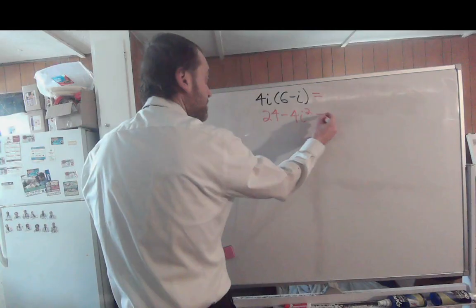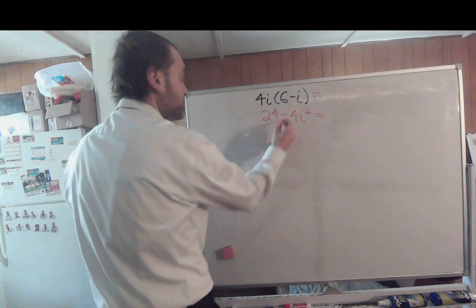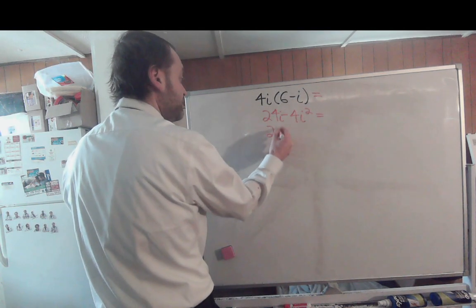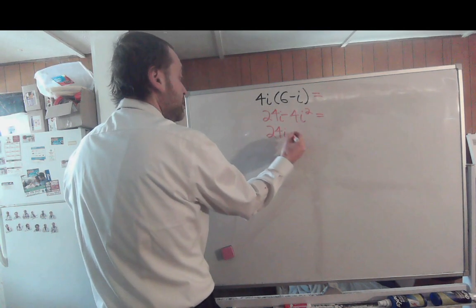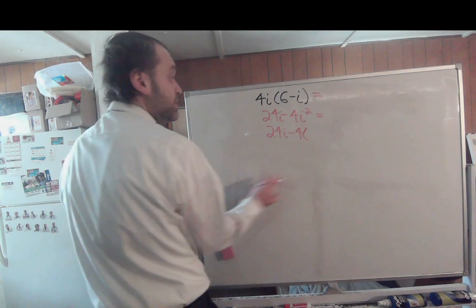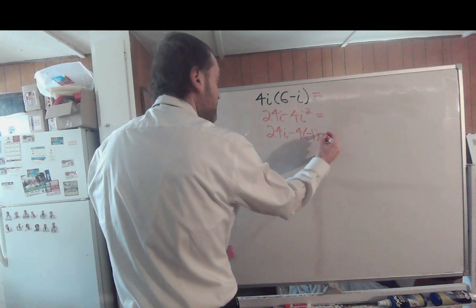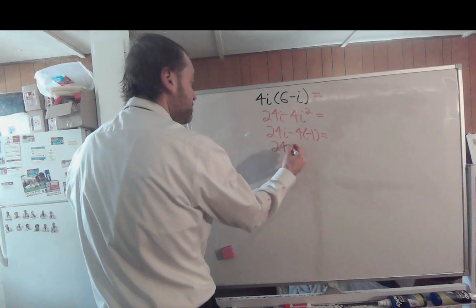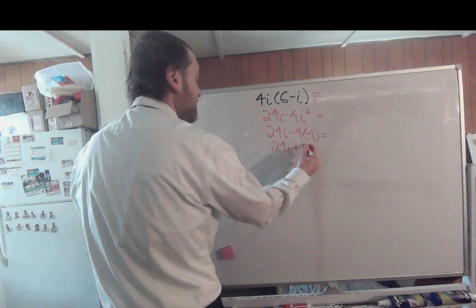All right, but we're not done yet. Whoops, I forgot the i for the 24. So you would have 24i minus 4 times what is i squared? That's -1. So this would turn into 24i plus 4, but it's not in standard form.